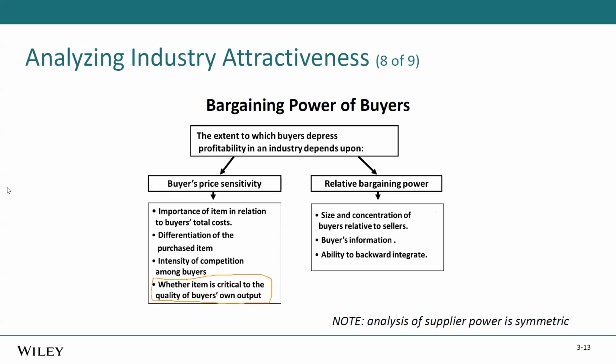So if the item is critical to the quality of your own output, or maybe think about really high grade aluminum if you're making aerospace rockets, the supplier of that high quality aerospace grade aluminum will be able to charge more to its buyers because it's critical to the buyer's own output.